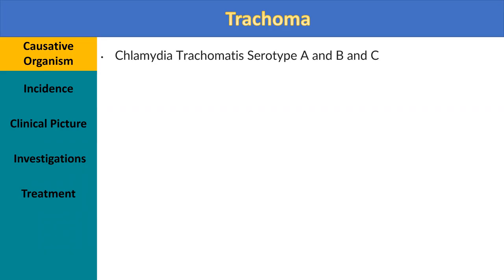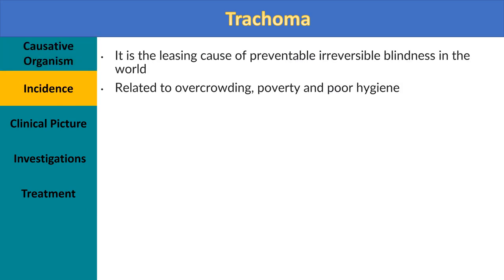So what is the incidence? Is trachoma a disease of the developing world or the developed world? Well, trachoma is a disease of the developing world. Actually, it is the leading cause of irreversible, preventable blindness in the developing world.